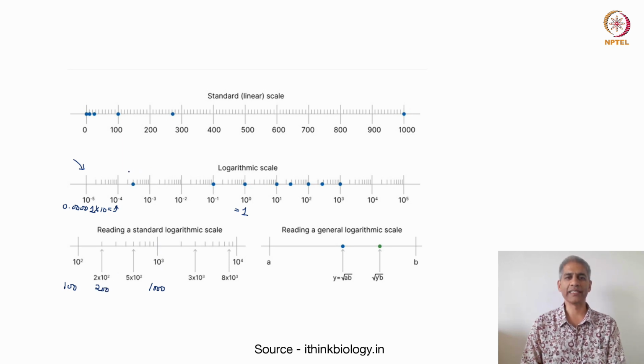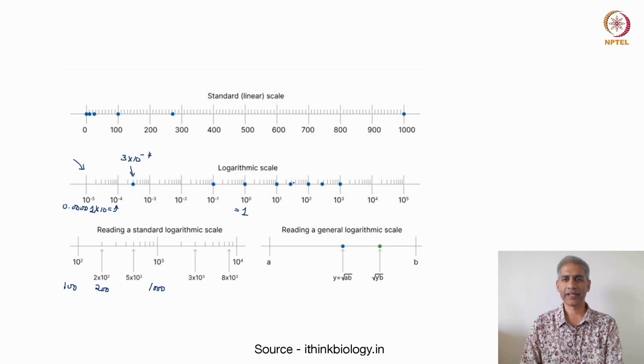So now if we look at these blue dots which are shown on the log scale, this first point here would be 1, 2, 3. So that's 3 times 10 to the minus 4. This point is 10 to the minus 1. This point is 10 to the 0, which is 1. Then you have 10.